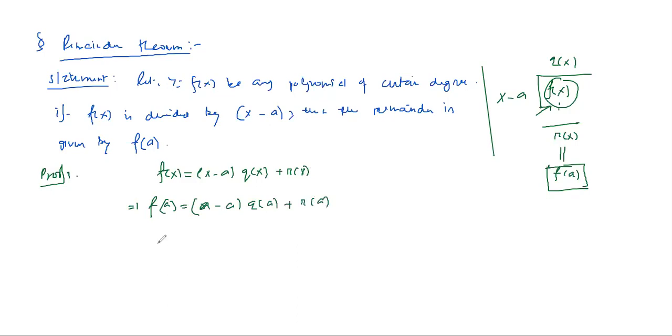So you'll be getting it like this. Now this is f of a. This whole thing will be 0. And what is left out is the remainder. So your f of a will be equal to R. This is the remainder. What you get is the required result. So this is the proof.